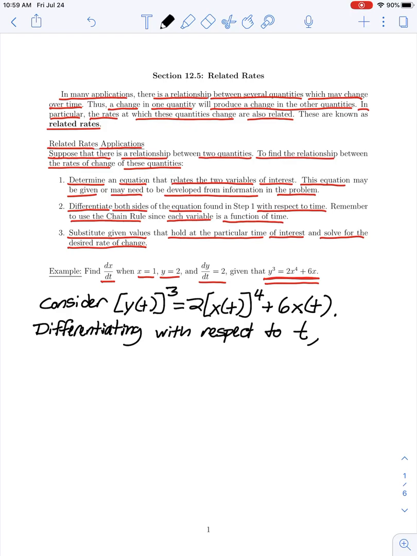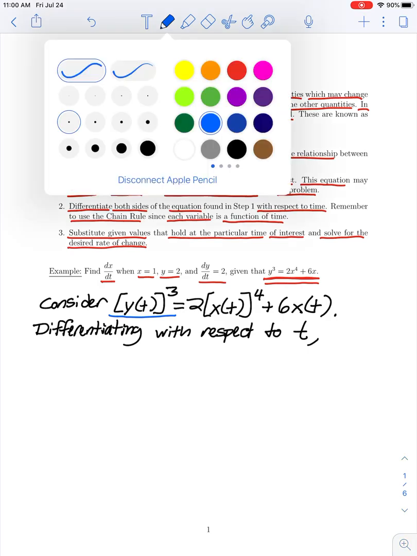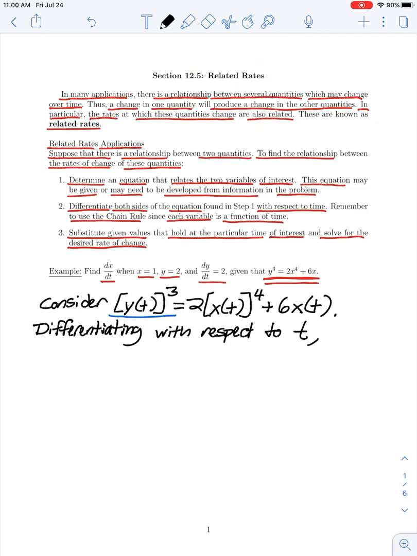On our left-hand side of this equation, we had y of t quantity cubed. This is a composite function, so we have to use the chain rule. Taking the derivative of the outer function, we would have 3 y of t squared, and then we have to multiply by the derivative of this inside function. That is the derivative of y with respect to time, or dy/dt.